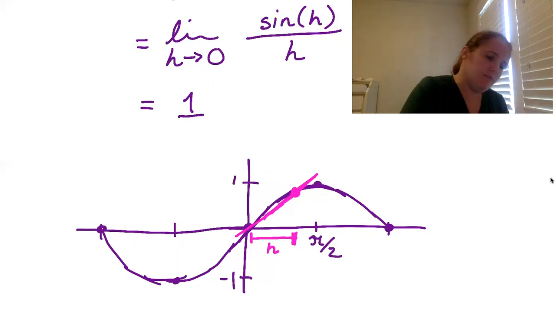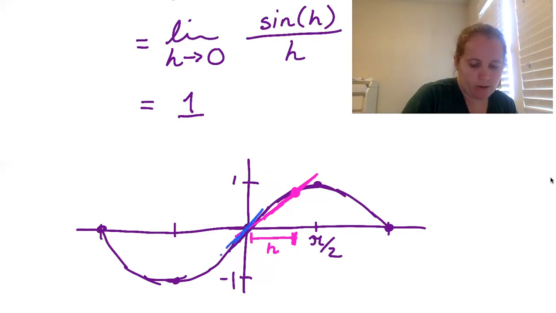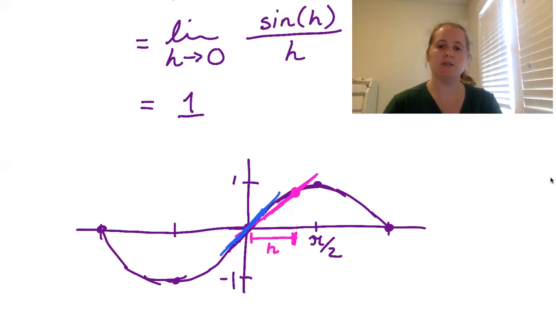Ultimately, they wind up at the line going through the origin with slope 1, which more or less matches precisely the sine function at that point. So this, again, is how we can go about finding the instantaneous rate of change, basing it off of essentially the slope formula, as opposed to thinking of it as something like distance over time.